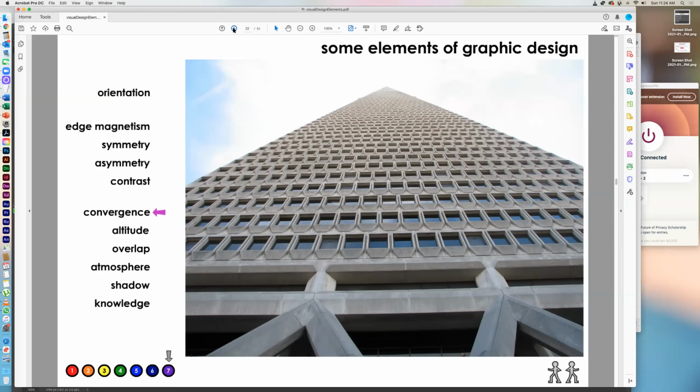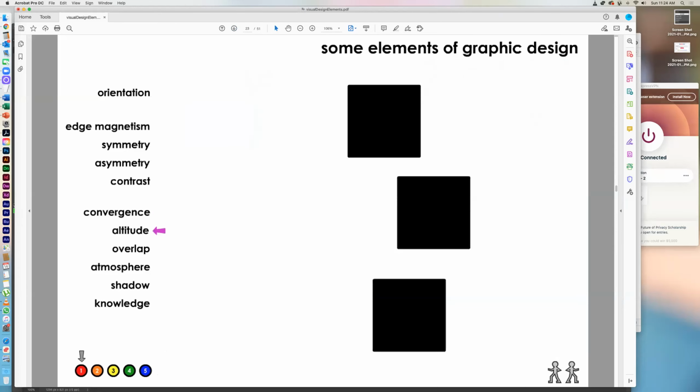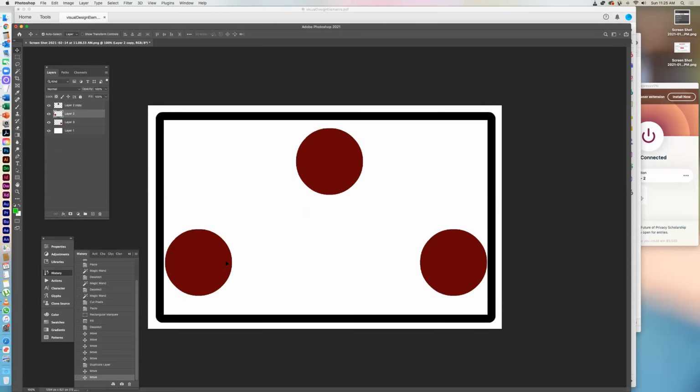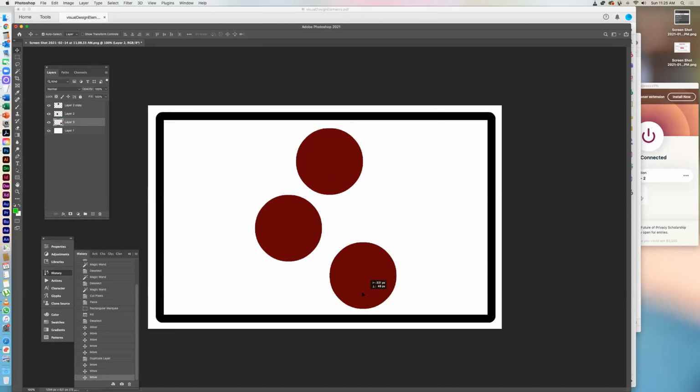Next is altitude. And that is any object that is higher in the frame is thought to be farther away. There's ways to control that, but whatever the altitude is, if we go back over to this Photoshop, if I take these objects, even though they're very similar to each other, the assumption is because it's high in the frame, this one is farthest away.